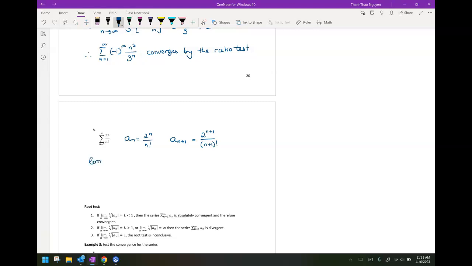Then the limit as n approaches infinity of the absolute value of a sub n plus 1 over a sub n. In this case, these are all positive terms, so I'll drop the absolute value. 2 to the n plus 1 divided by n plus 1 factorial, multiplied by the reciprocal, n factorial divided by 2 to the n.